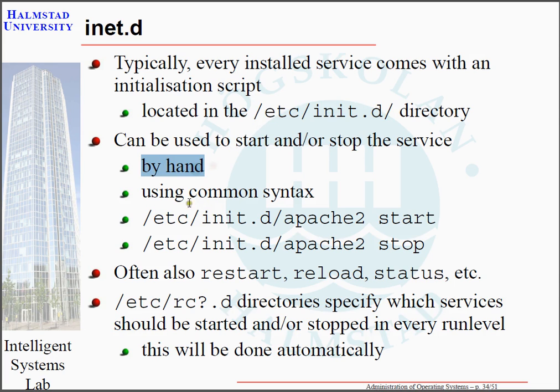You can do it by hand, but since they use common syntax, you can also specify that they should be started and or stopped in a particular run level. And this will be done automatically. So you can say, for example, that you want Apache to be started every time you start the system.